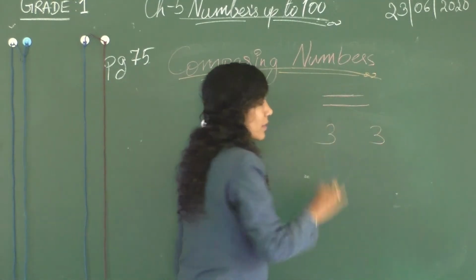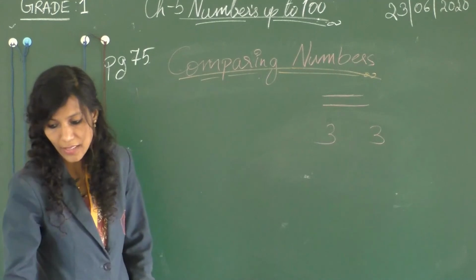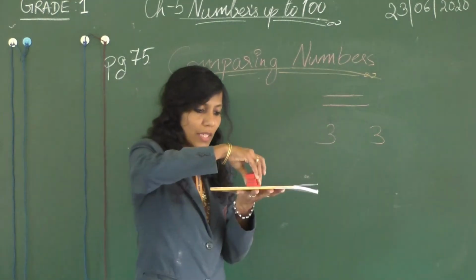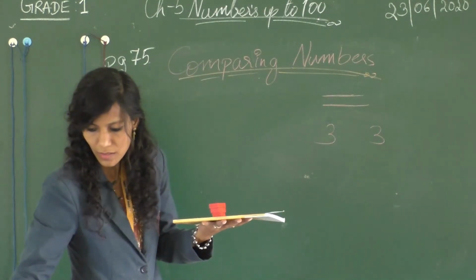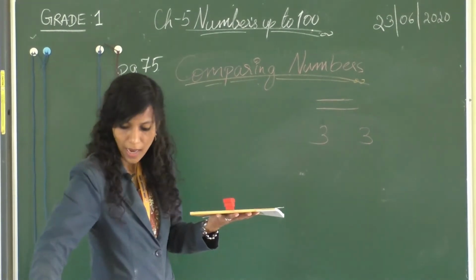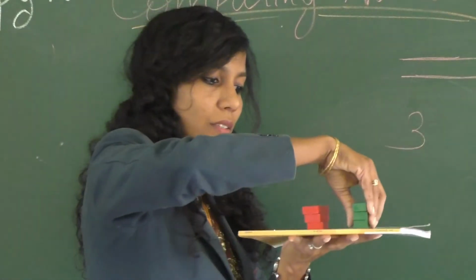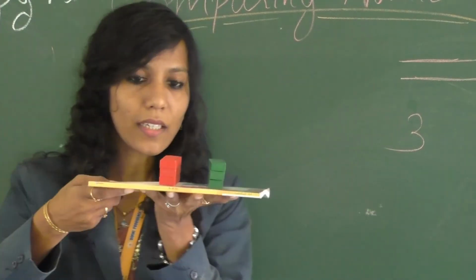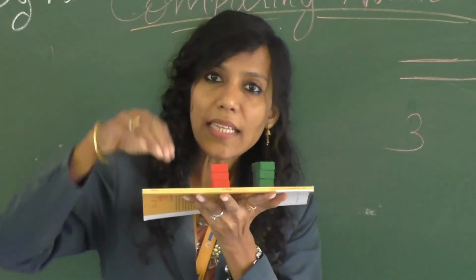Example, 3 and 3. 3 is here, 3 is here. Are they different?